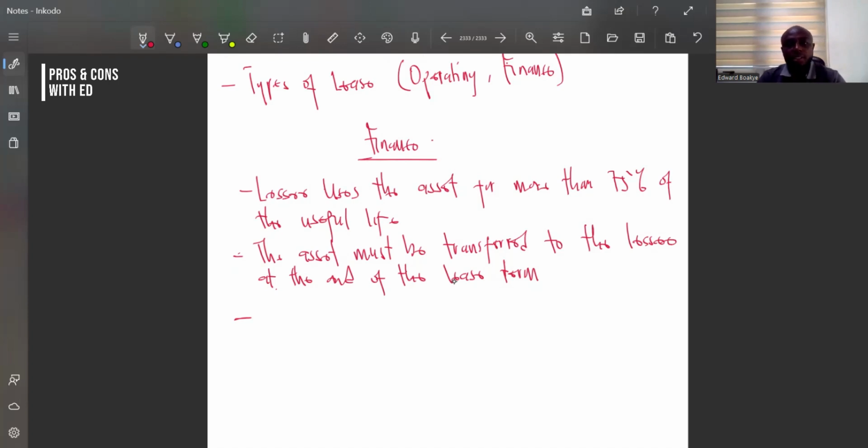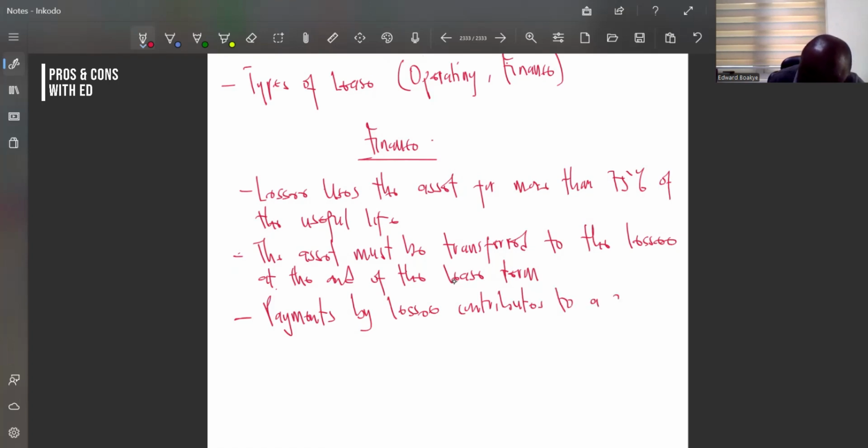The other point is that the payments the lessee is making contribute a substantial part of the cost of the asset. So the payments by the lessee contribute to a substantial part of the cost of the asset.